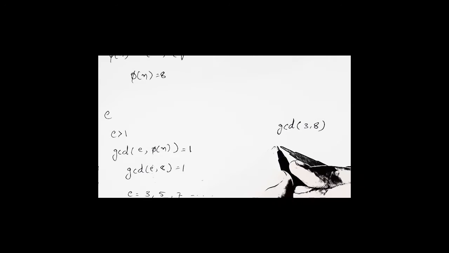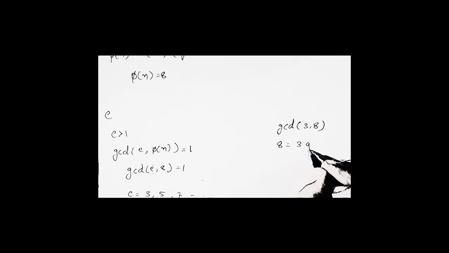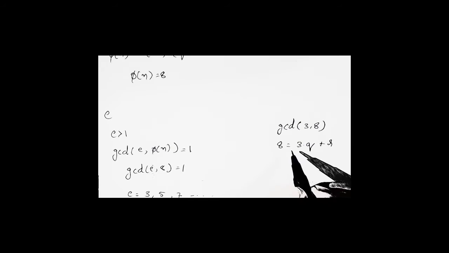So the formula is we need to put the greatest number here, smaller number here, multiply by Q plus R. So after this, what we are doing, we need to calculate the value of Q. So we need to see with which number we multiply so that we get nearly 8 or 8.